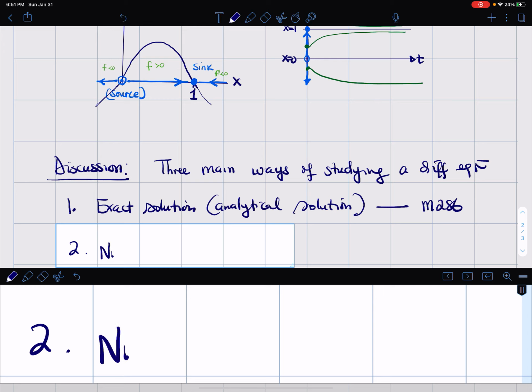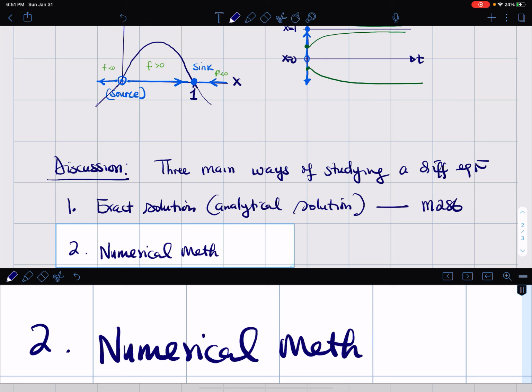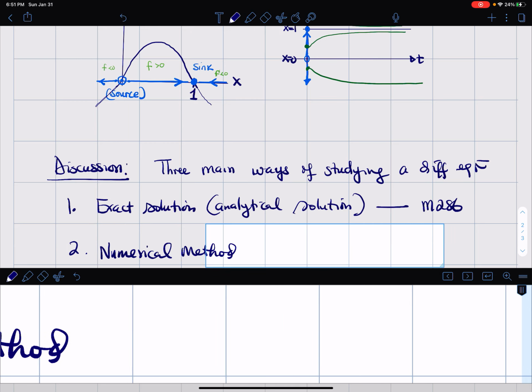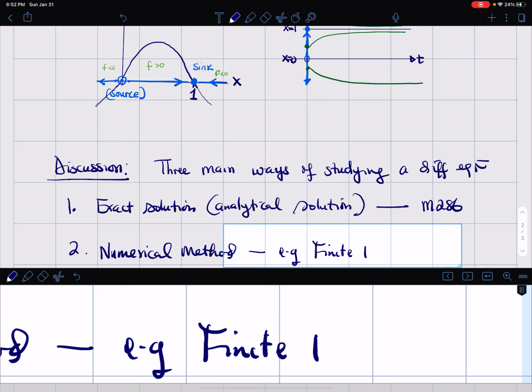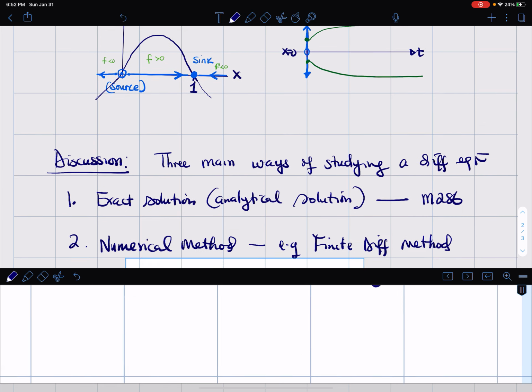And then we have the numerical method. This involves programming, for example the finite difference method, studied in a numerical methods course.